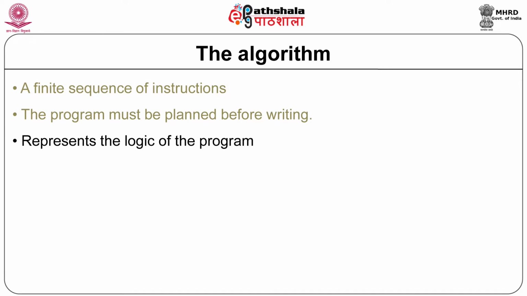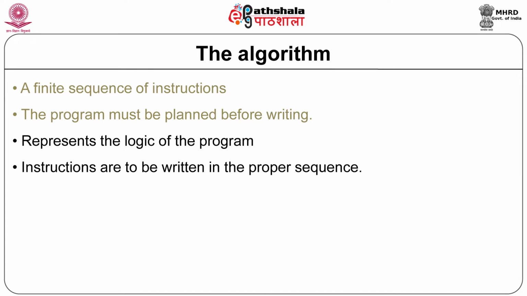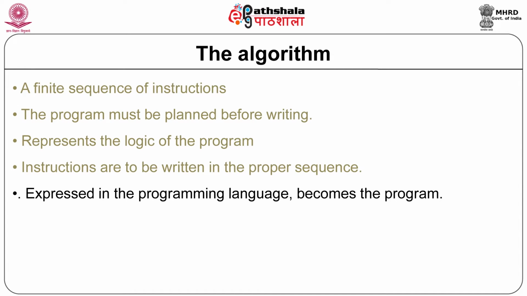An algorithm represents the logic of a program. To produce an effective computer program, it is necessary that every instruction is written in proper sequence. If an algorithm is expressed in a programming language, it becomes a computer program.